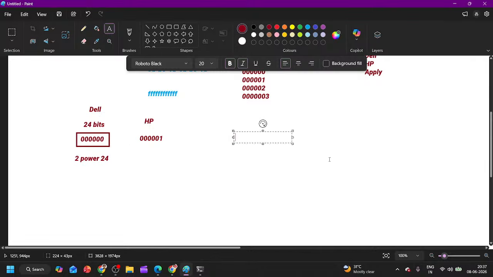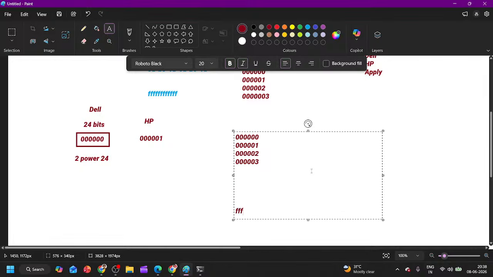Let's say Dell has their vendor assigned bits, meaning the last 24 bits. In their last 24 bits, the value is like this: 6 times 0, then 5 times 0 and 1, then 5 times 0 and 2, then 5 times 0 and 3, right, till all F. This is what is vendor assigned.